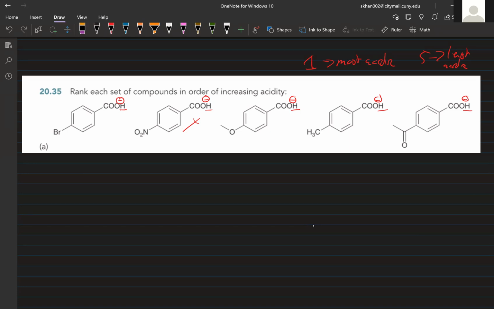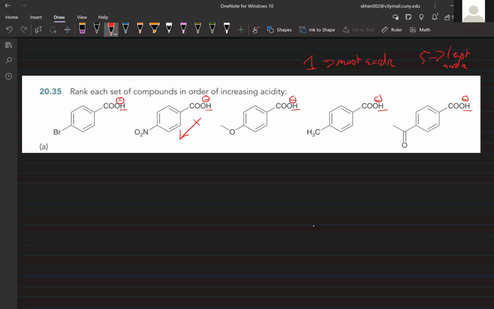So let's draw that as a specific length, so I can compare this. Let's make it this big. I'm talking about the original structure, where the entire carboxylic acid is most acidic.